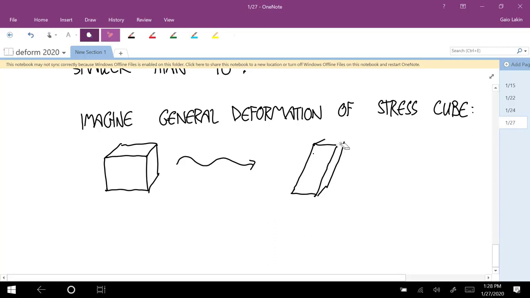So each of the sides is a parallelogram. And you can see that the lengths in some dimensions are smaller, and some dimensions are bigger. Some angles have gone from 90 degrees to obtuse angles. Some have gone to acute angles.